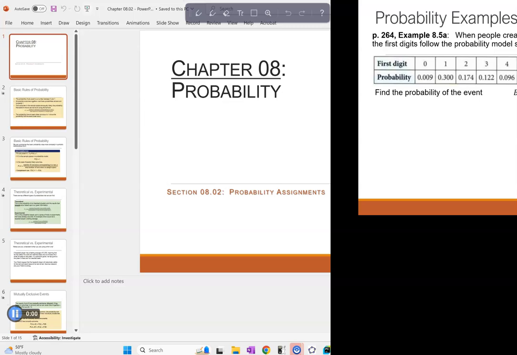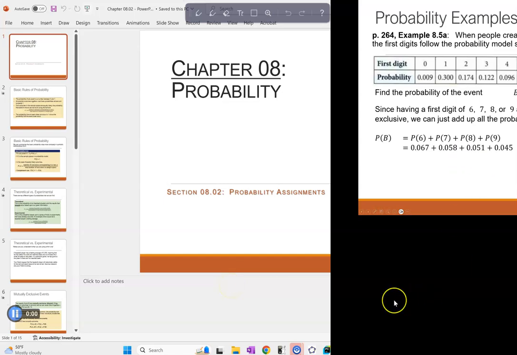Because that's going to change the way we do the calculation here. Can the first digit of your cell phone password be both a 7 and an 8? No. They're mutually exclusive then, right? So if I want the probability of this B, then I just add up the probability of 6, 7, 8, and 9. I get 0.221.